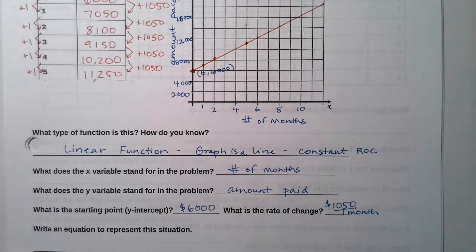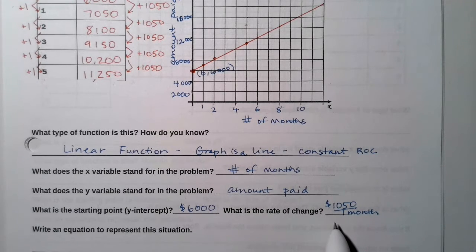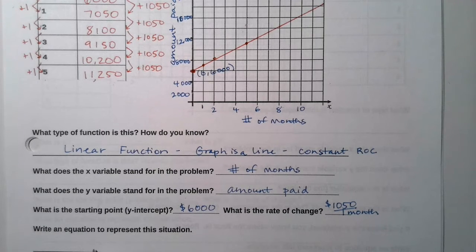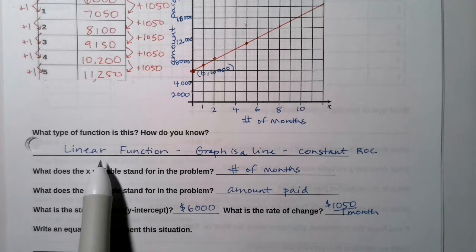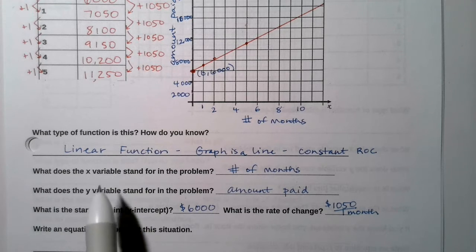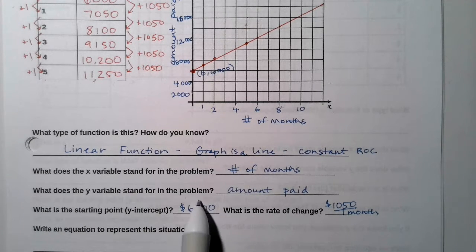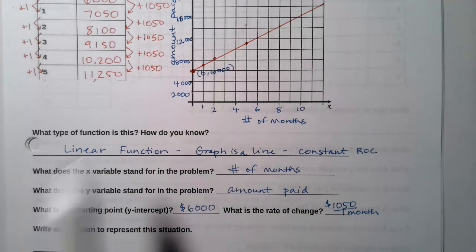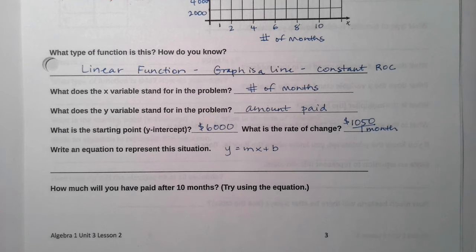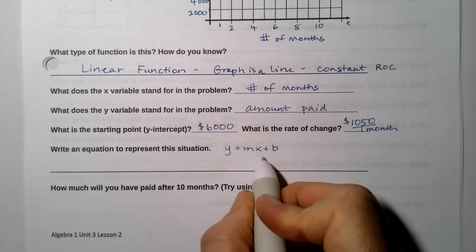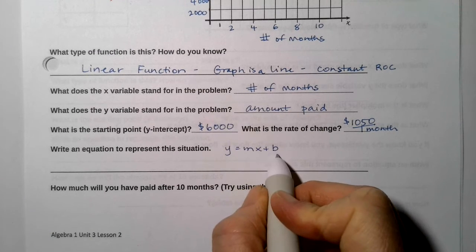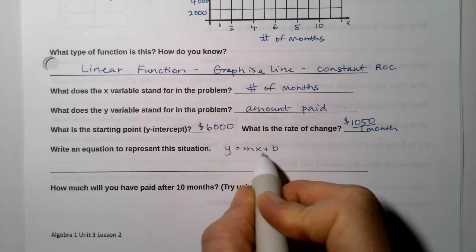And now we can use that information to write our linear function. Because we have a starting value, a y-intercept, we're going to use the slope-intercept form. And I want to point out, we typically talk about this as y equals mx plus b, but you can add things in any order.